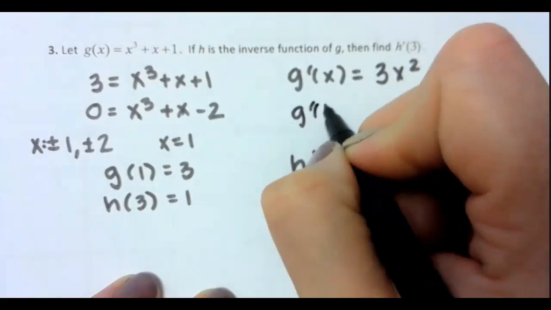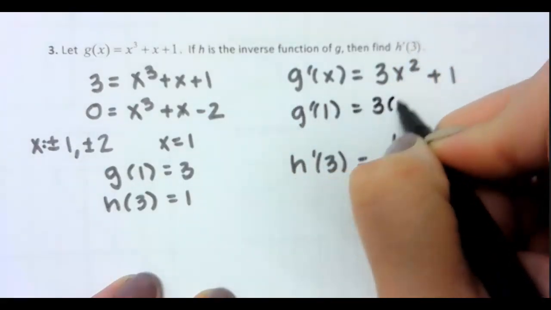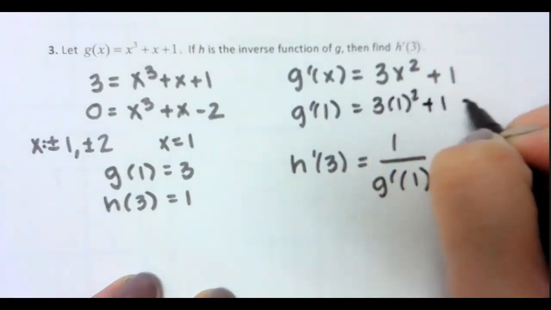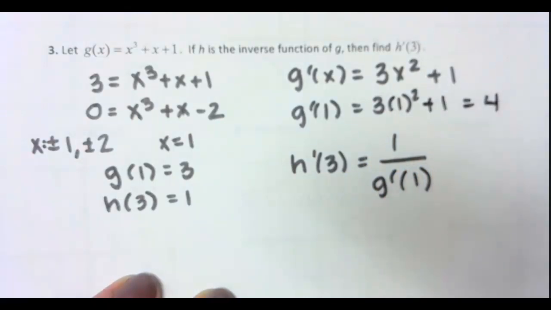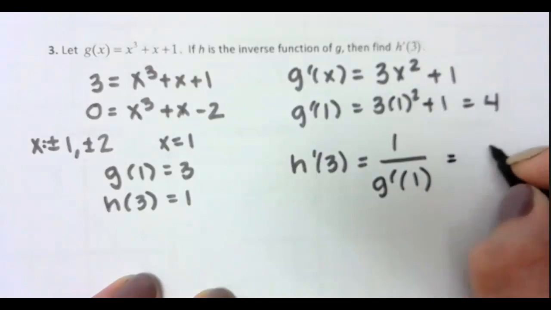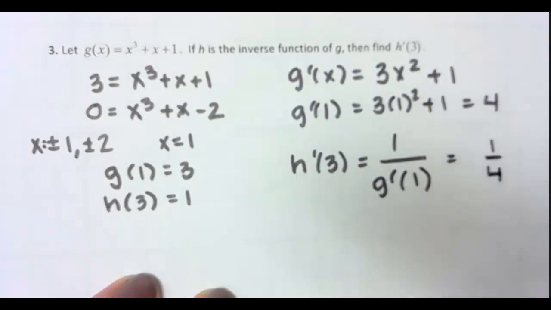So g prime of 1 is 4. So h prime of 3 is 1/4.